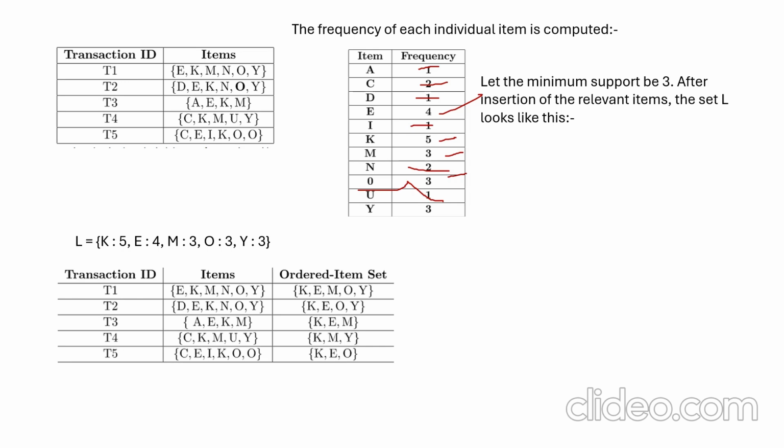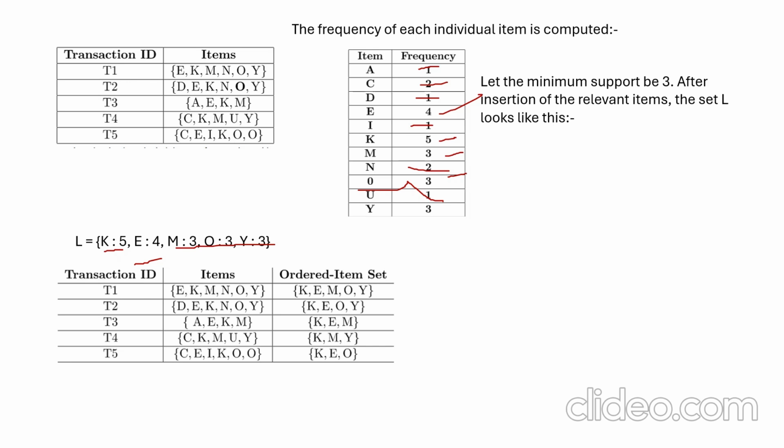So finally, we will have E, K, M, O and Y. When we put it in descending order, K will be 5, E will be 4, and M, O and Y will be 3.